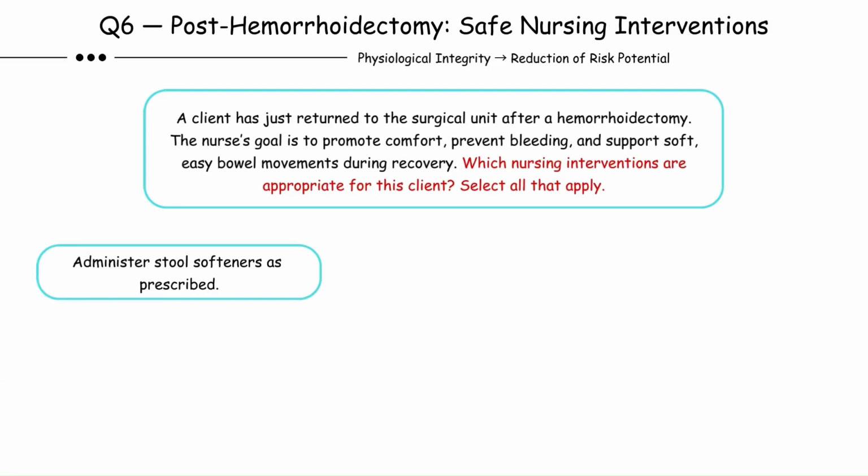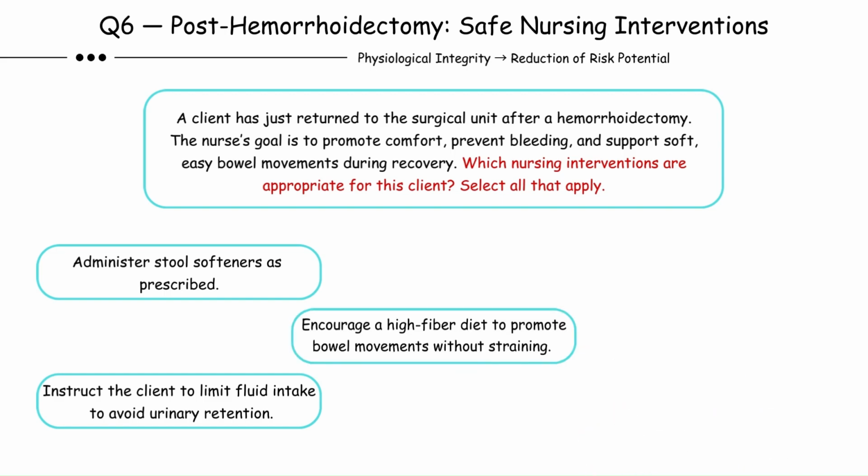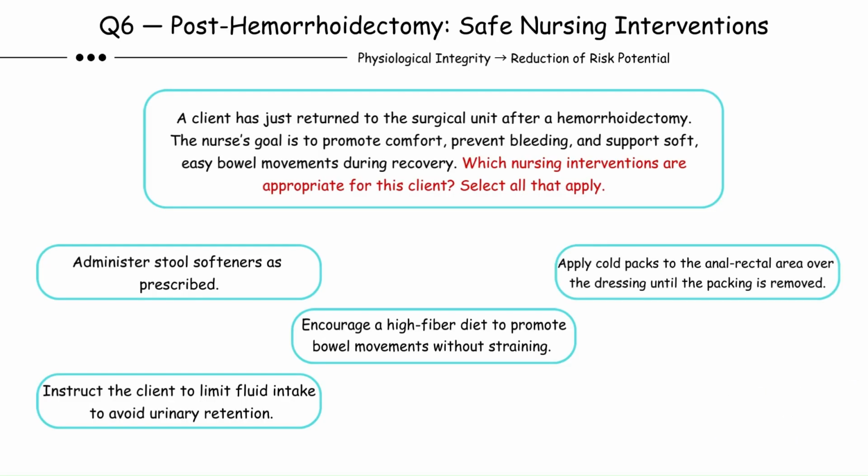Option 1. Administer stool softeners as prescribed. Option 2. Instruct the client to limit fluid intake to avoid urinary retention. Option 3. Encourage a high-fiber diet to promote bowel movements without straining. Option 4.